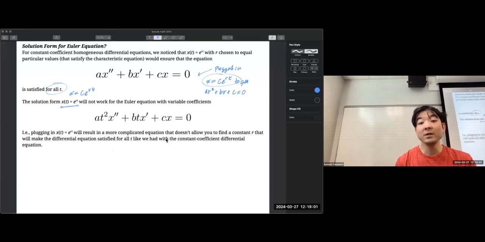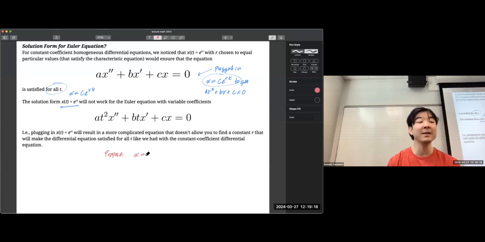So what we're going to do is propose something different for the solution form. It's probably hard for you to look at this immediately, and it's not that much of a stretch once I tell you what it is, but I guess I'll just give it to you.